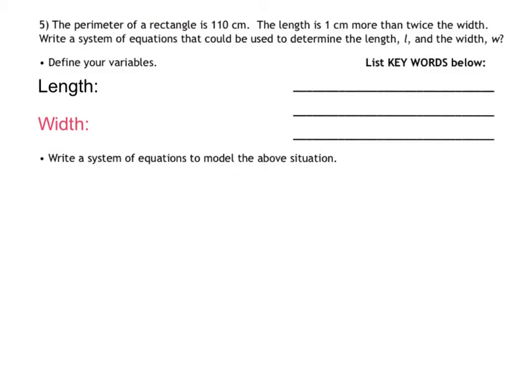Number 5. The perimeter of a rectangle is 110 centimeters. The length is 1 centimeter more than twice the width. Write a system of equations that can be used to determine the length L and the width W. Again, in this problem, they tell us specifically what our variables are. Length will be L, width will be W. Let's list our keywords below.